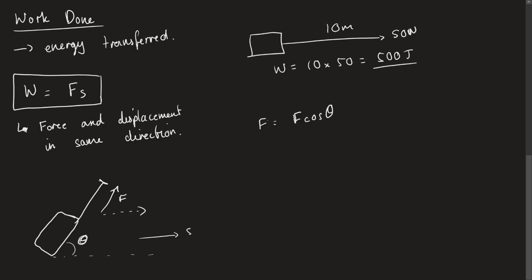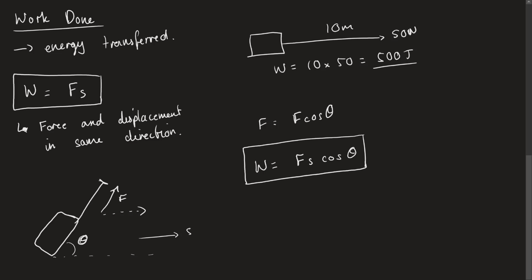That means if F is now F cos theta, then I can substitute in: work done is actually F S cos theta, where theta is the angle between the direction of force and the direction of the displacement. And this you can apply to any situation.